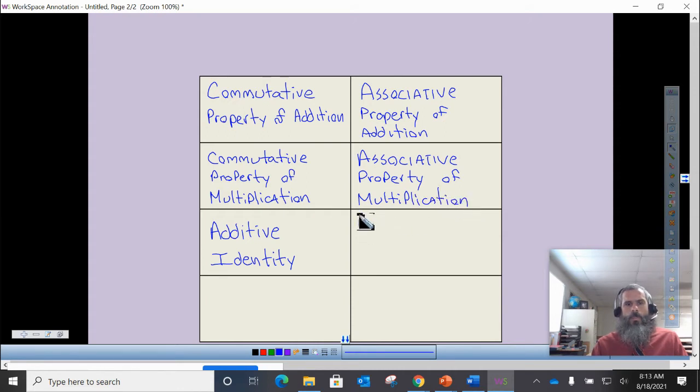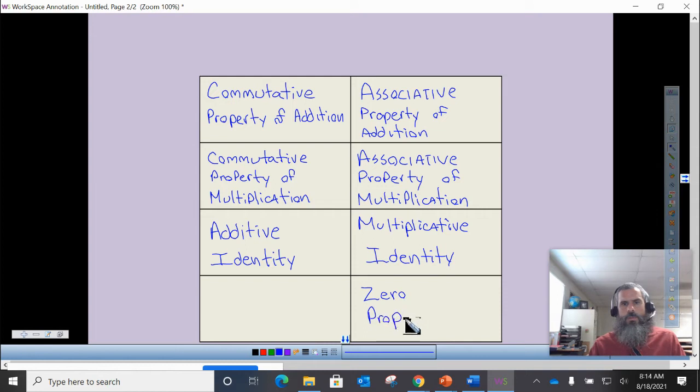We have the multiplicative identity. And we have the zero property. This is on the outside, so this is what you'll see when all the little doors are closed.